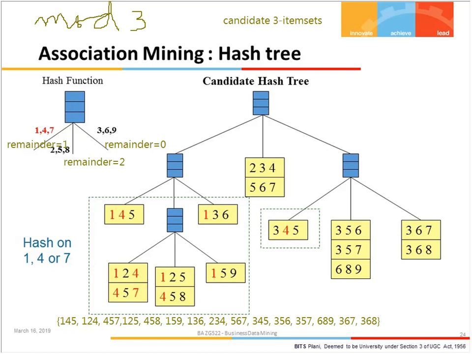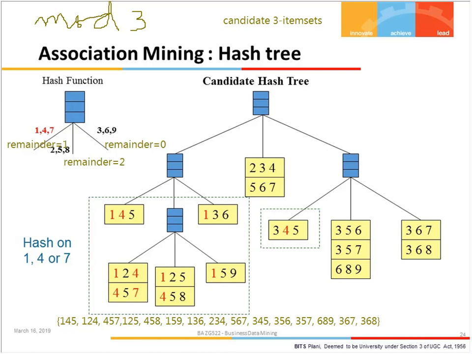We are allocating a capacity of 3, and beyond that we need to go down further and generate a next one. So now, given these 15 candidate 3 item sets, we'll see how to organize.